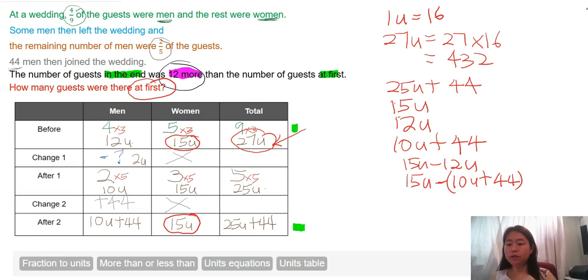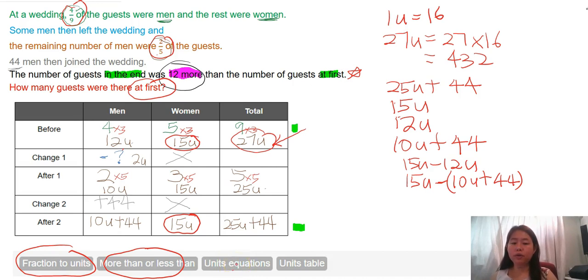For this question, we learned about fraction to unit, where we change all the fractions into numbers that we put into the unit table, and then we readjust it using the LCM. We also learned about more than and less than, which is at this information here. We learned unit equation, where we make the two equations the same so that we can find one unit, and we also learned how to use this unit table.